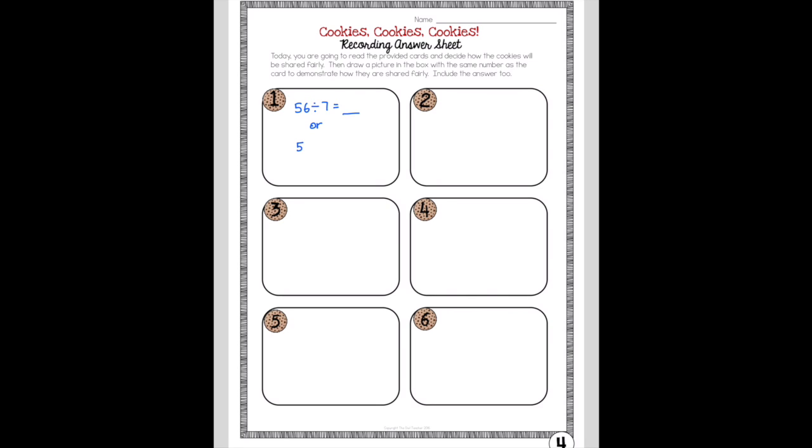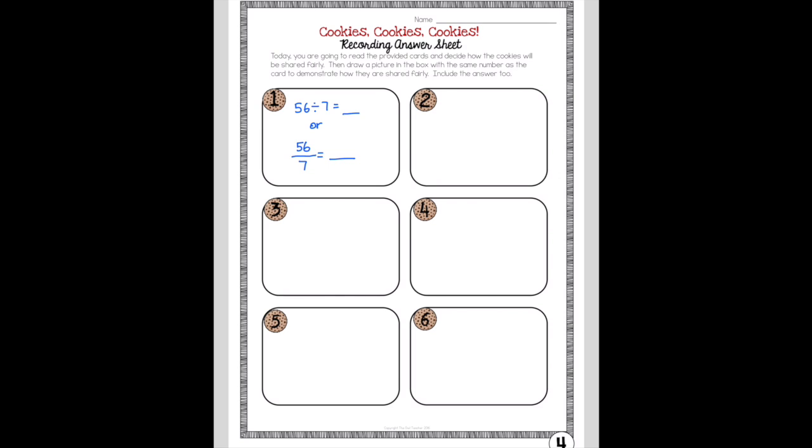So we have 56 cookies, that's how many we're talking about, and we have 7 groups in total. Okay, so 56 divided by 7 would equal, and you can write the answer down there. Okay, so I want you to write down 2 types of division representation. One using fractions and one using the normal division symbol. Okay, so you're going to do that for all of these 6 questions.